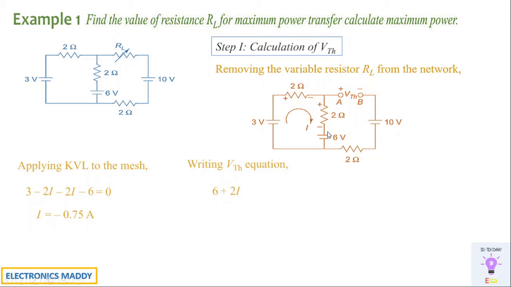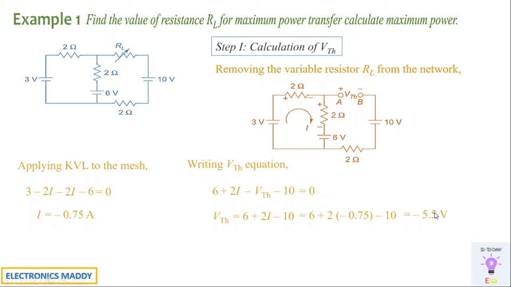Again you will have plus 2 times I because I is the current flowing, from minus to plus. Then with respect to VTH you'll be writing minus VTH. Again from plus to minus it will be minus 10 volt, and that is equated to 0. Now we'll be substituting the value of I in the VTH expression and find the value of VTH. That will be equal to minus 5.5 volt.